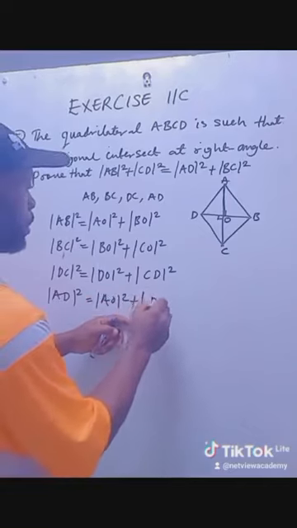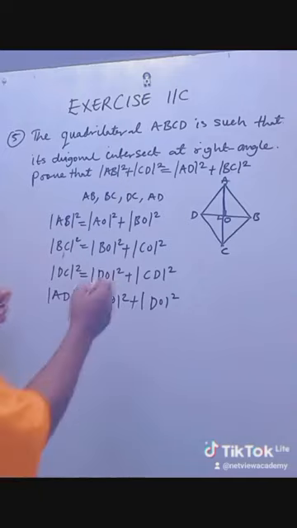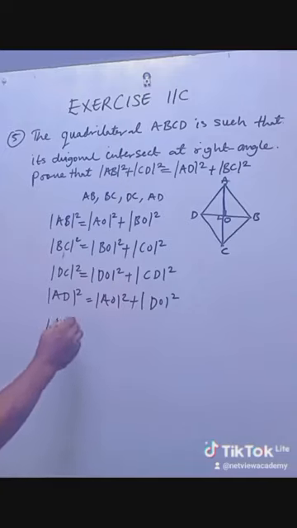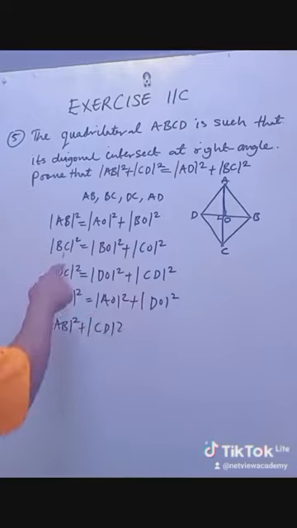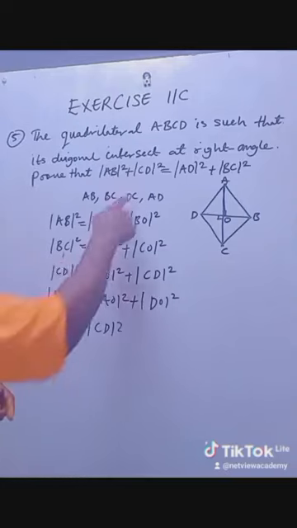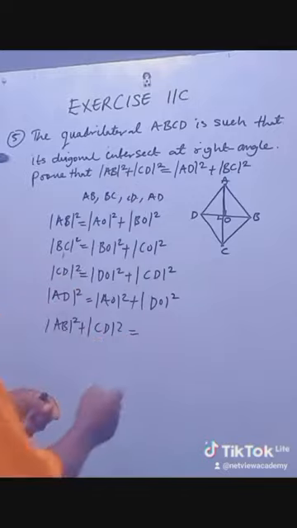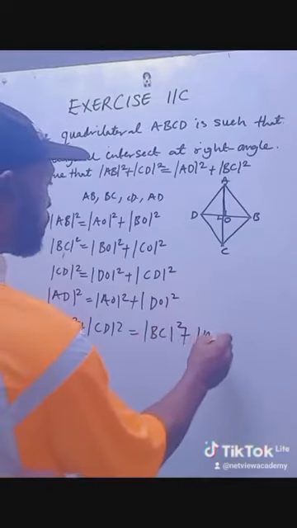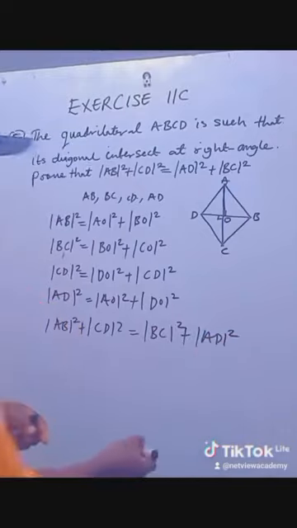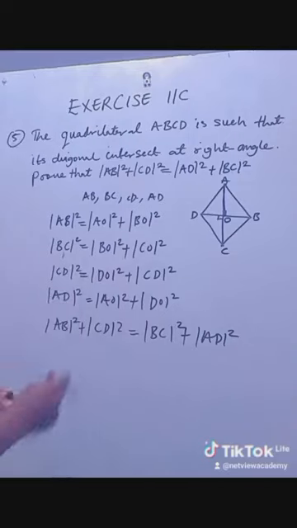Now I'm going to group these expressions in such a way that AB squared plus CD squared will be equal to BC squared plus AD squared. So how am I going to achieve that? I'm going to equate all the expressions. So I'll do it this way.